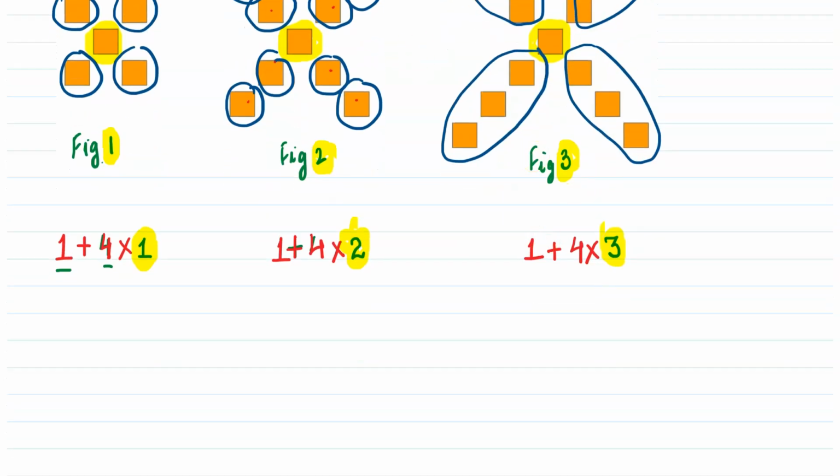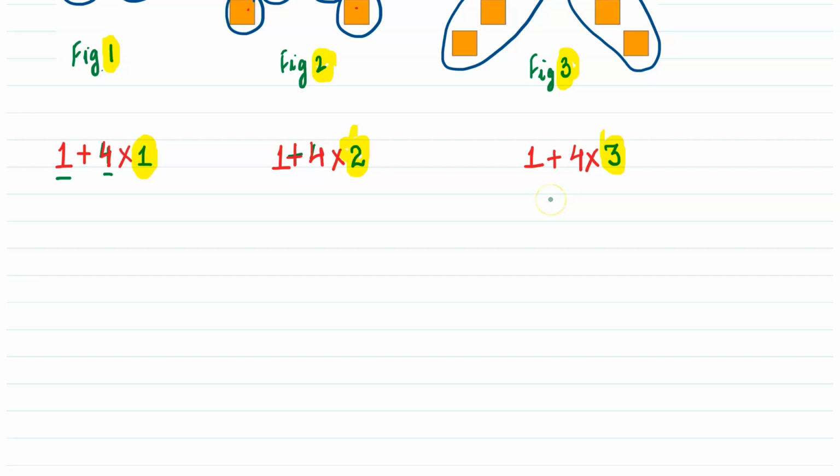So can you guess the formula for figure 10? Yes, the central tile will be fixed. Then we will add, there will be 4 corners, and on each corner there will be 10 tiles. So similarly, let's figure out for figure number 65.